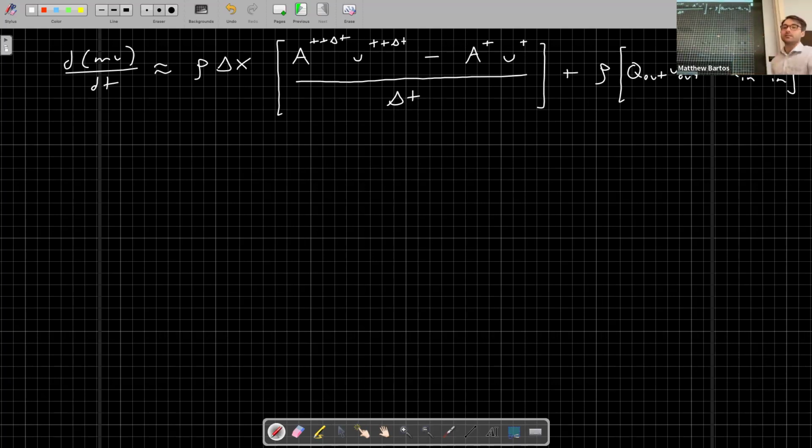So that's the discharge out times the velocity out minus the discharge in times the velocity in.